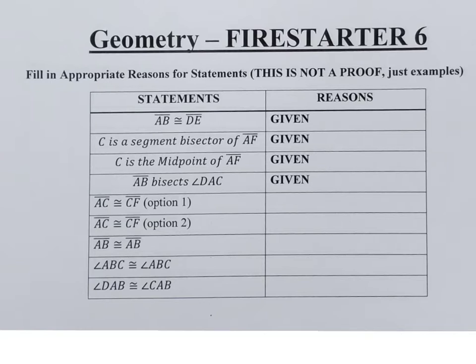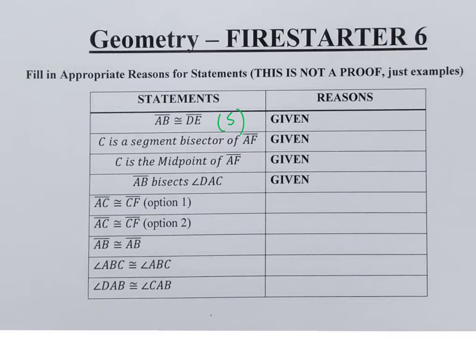I just wanted to give you guys some information, right? Sometimes you'll see a side statement. Like this is called a side congruency statement. It is a congruency statement because we see this little congruent symbol right here. And it's about sides because we're talking about segments. Segment AB is congruent to segment DE.